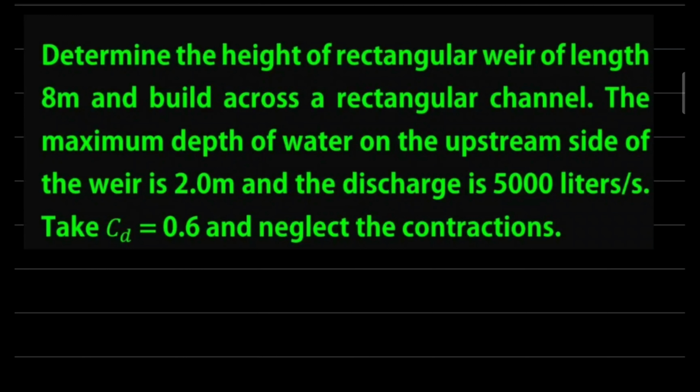For such a problem it will be very easy if we first draw the problem, which will help us figure out the height of the crest as well as the height of the water on the upstream. Then we can figure out the head, and then we can find the required value by equating the equation of q.